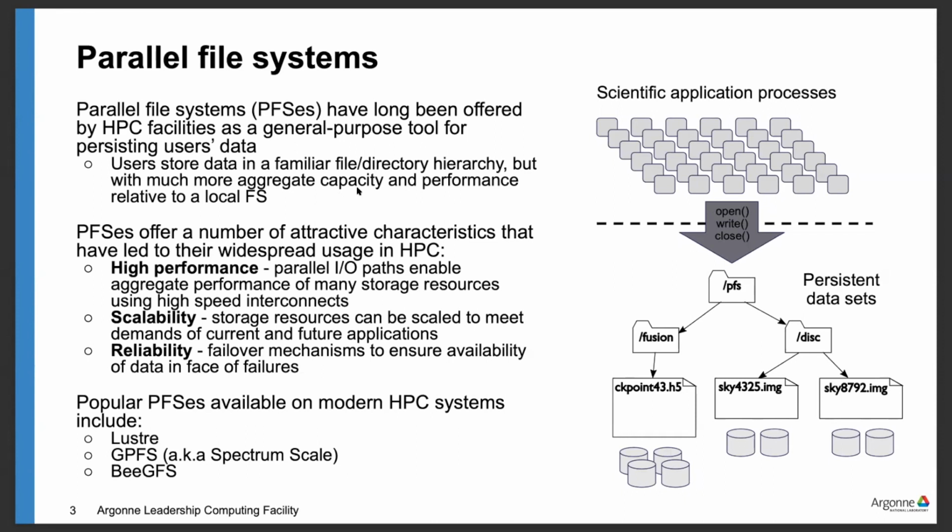Some popular parallel file systems available on modern HPC systems, probably the two most popular are Lustre and GPFS. There's other things like BeeGFS, and if you look at the IO500, there's tons of research grade file systems that can get a lot of performance, but the commercial offerings that are really popular in HPC facilities are definitely Lustre and GPFS.